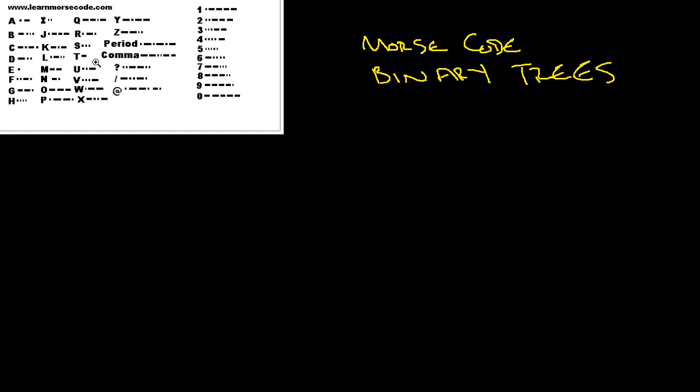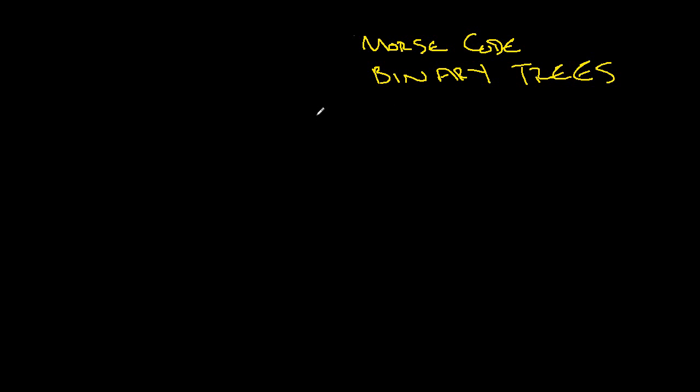So what we would like, if we are on the receiving end of some Morse code, is a quick way to look up the letter for the Morse code that we just got. If I get a dot dash dash dash, I want to be able to find that very quickly.